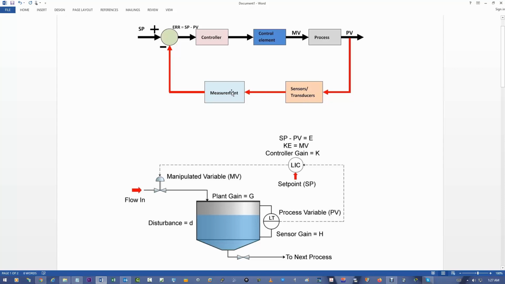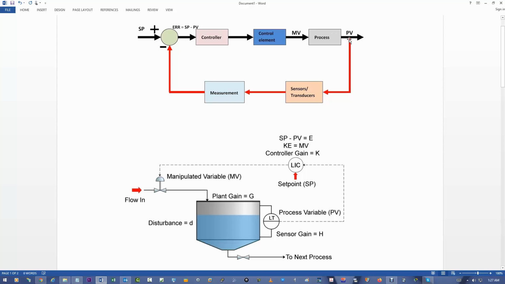Here's a typical model of a control loop, and this is what we're going to focus on. Rather than focus on a P and ID and an image of a tank and a valve and a level transmitter, we're going to focus on how these control loops actually work. If we just go straight through and come out with no feedback, that's called the forward path or open loop.